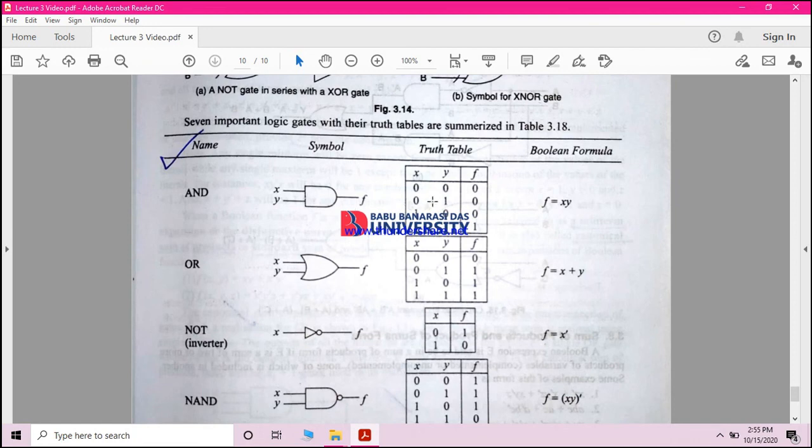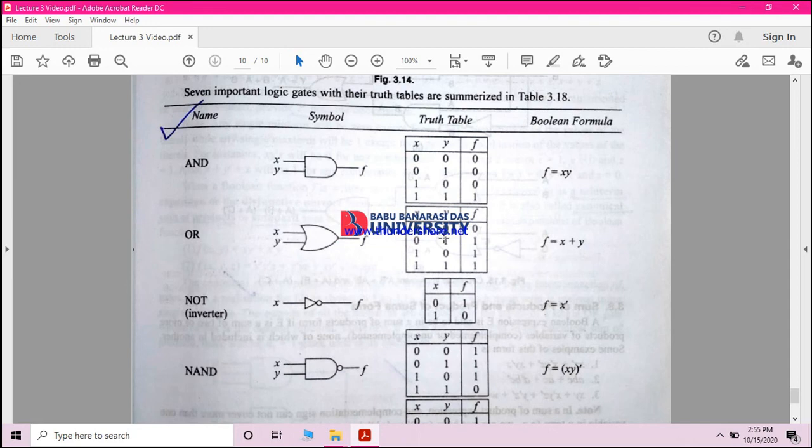AND means if either of the inputs is false, then you will get a false. Only when both the inputs are true will you get a true. AND means both the conditions have to be true. OR means any of the conditions could be true, then your answer will be true. It means if any value is 1, then you will get a 1. This is the OR gate symbol.